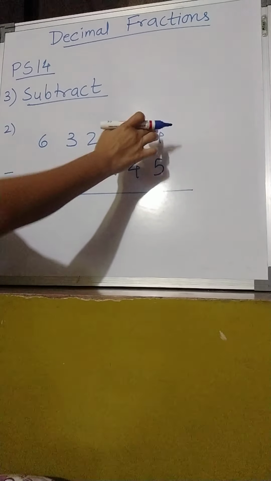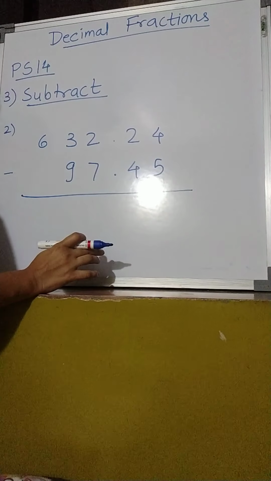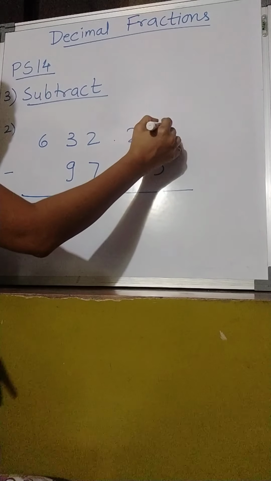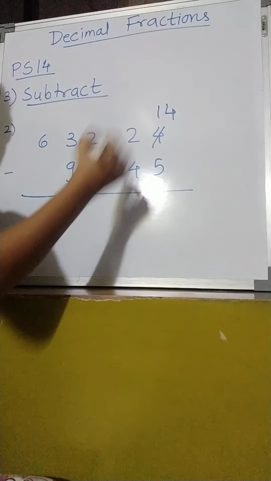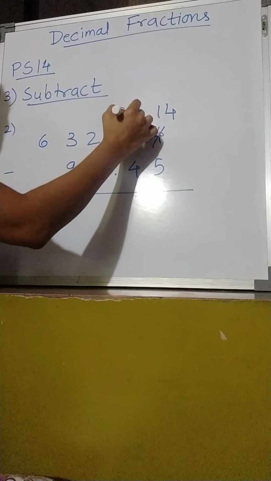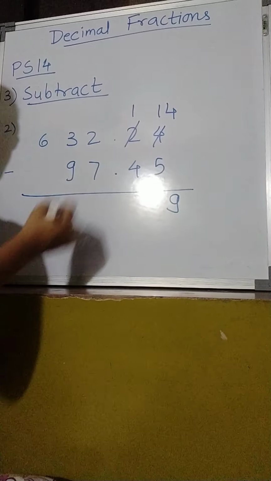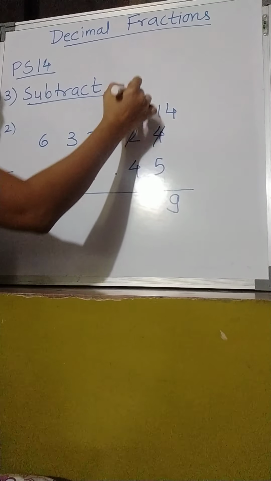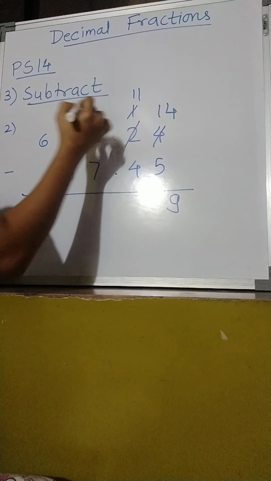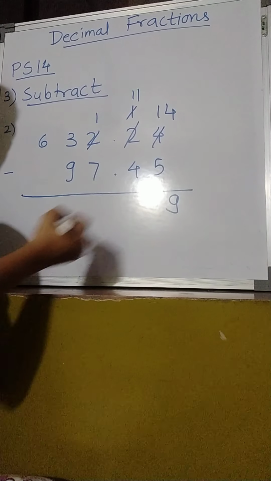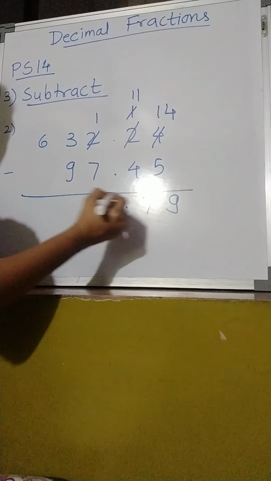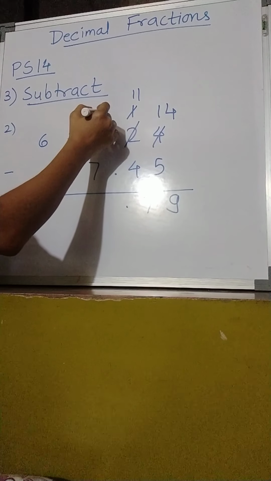Now see, from 4, 5 cannot be subtracted. So take 14 and here 1. 14 minus 5, 9. Here also same. Make it 11. Make it 1. 11 minus 4, 7. Here also same case.